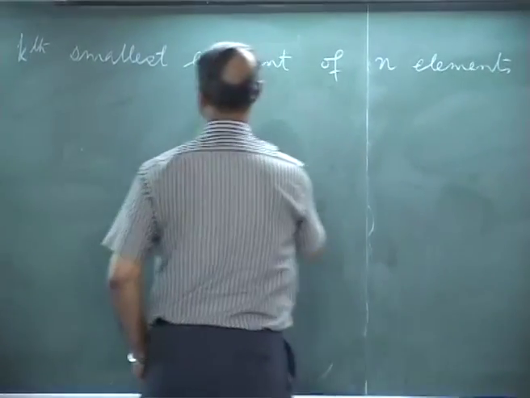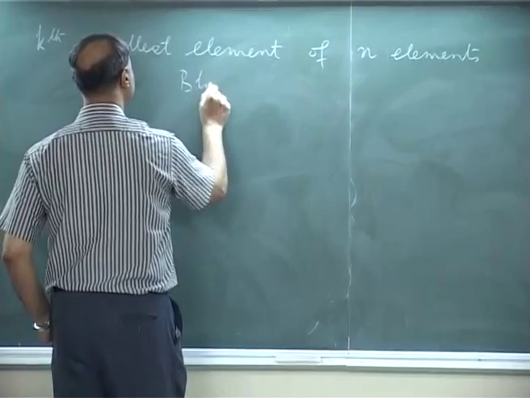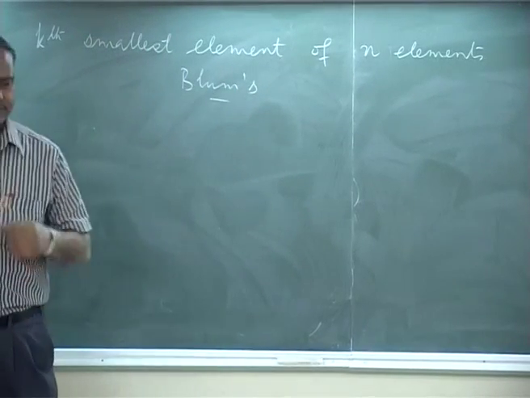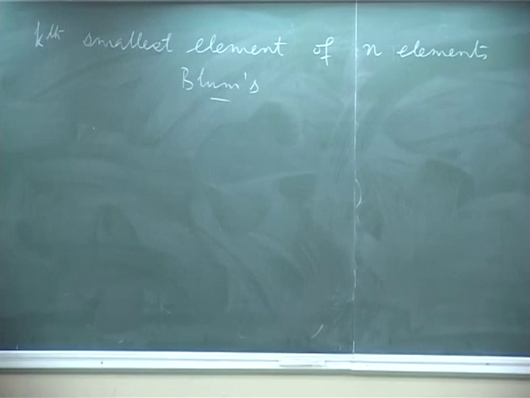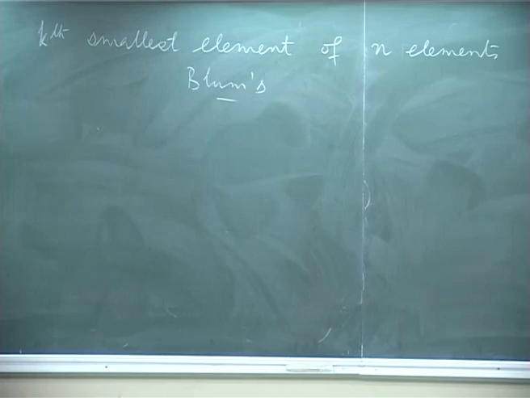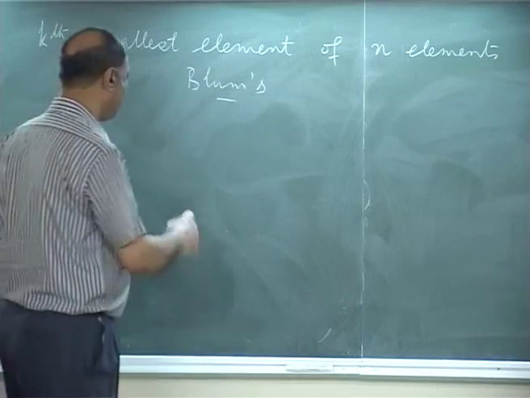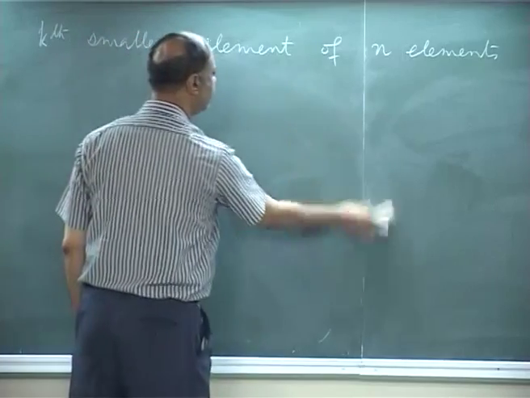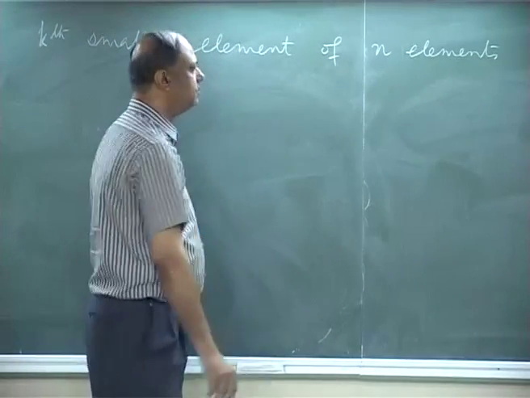This is basically due to Blum's technique. Do you know any algorithm of such? No, right? So let us consider this algorithm and let us try to understand how it has been designed.